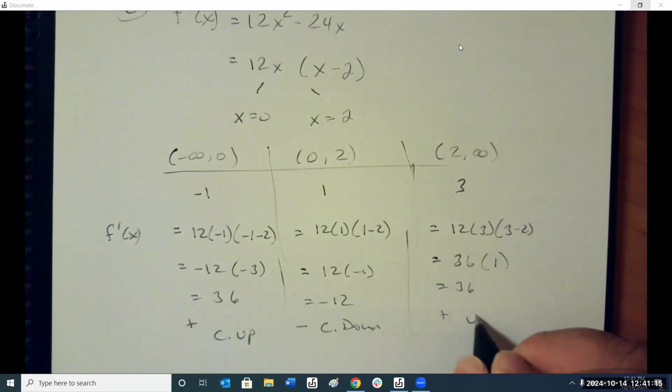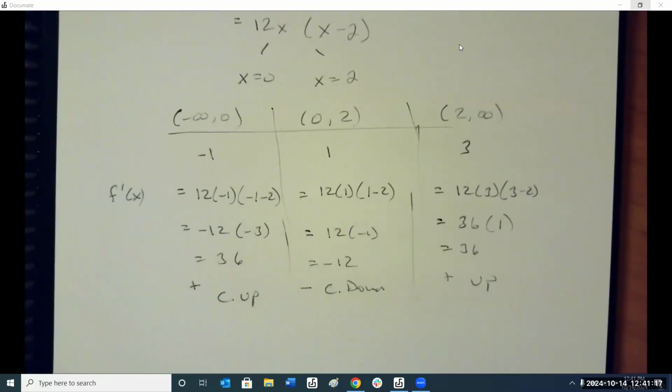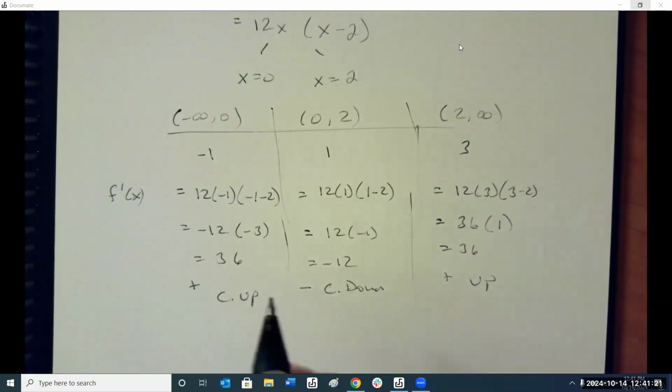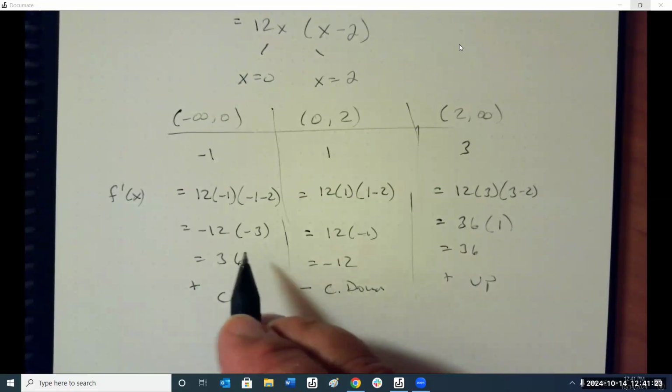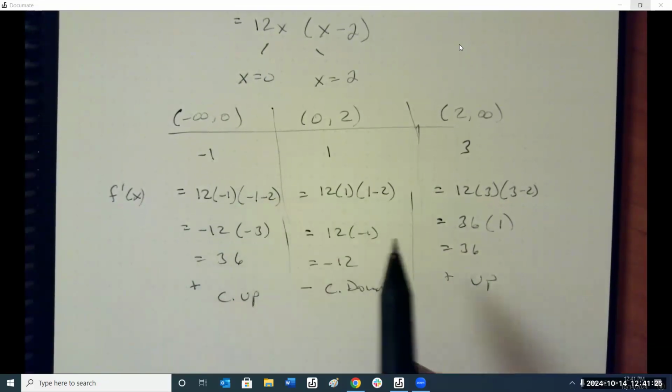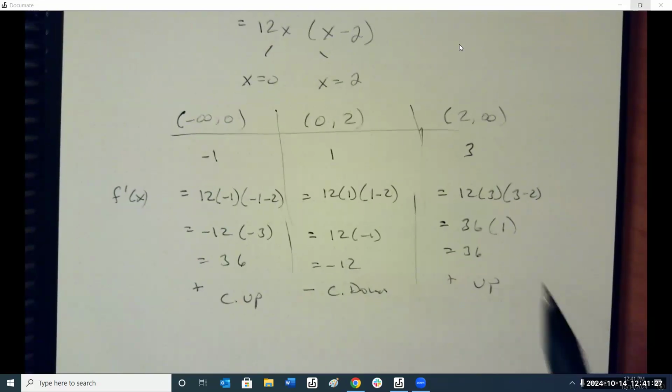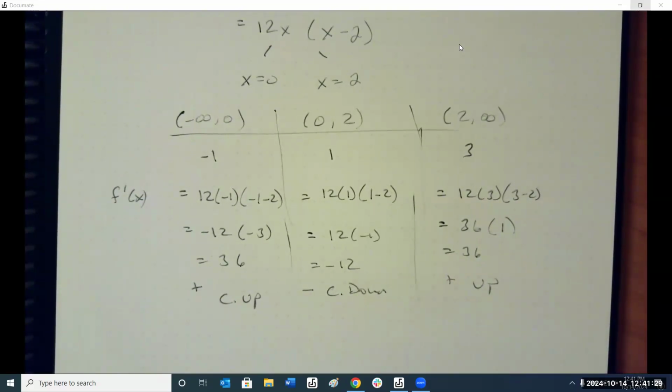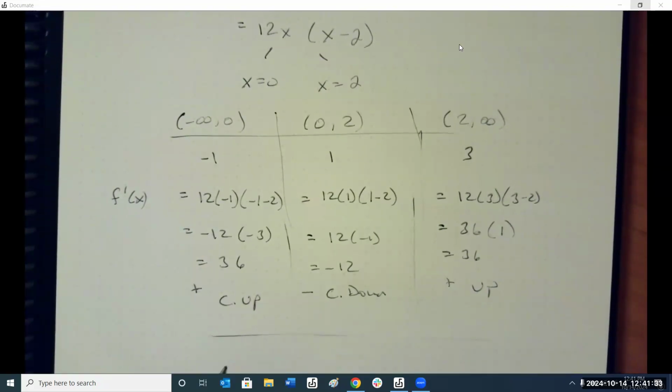It's positive, so it's concave up. So it's concave up from here to here, concave down, and concave up again. Next question, next part.